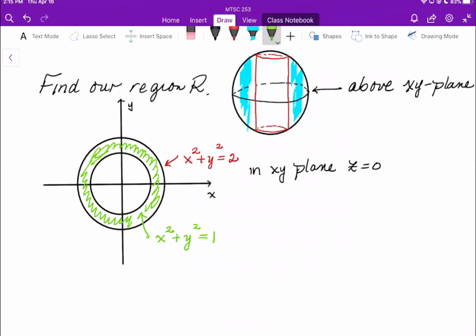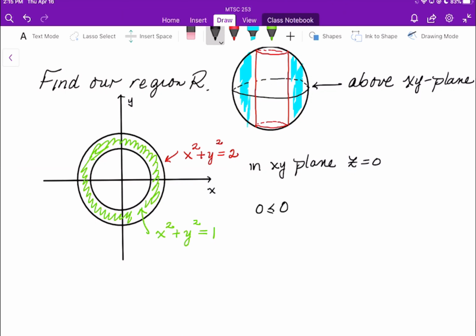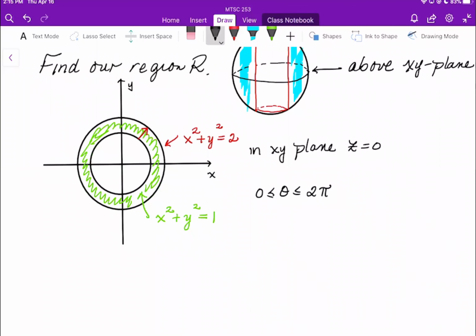All righty. So now it's clear to see that theta goes all the way around, and our radius r starts here and goes to there. So therefore r starts at 1 and it goes to 2.